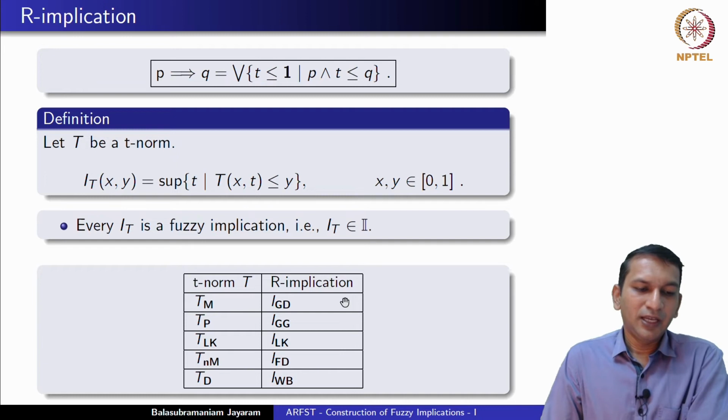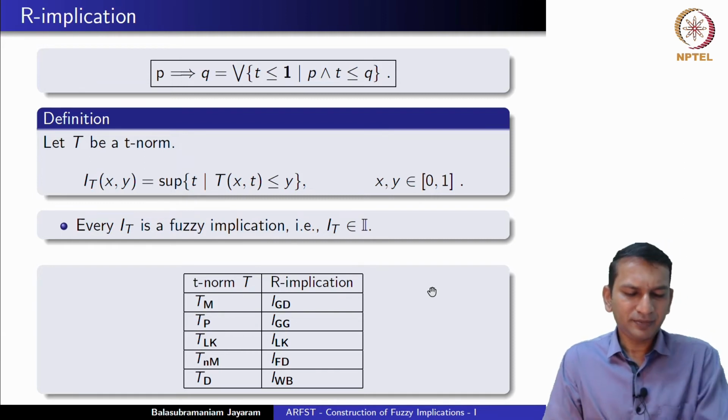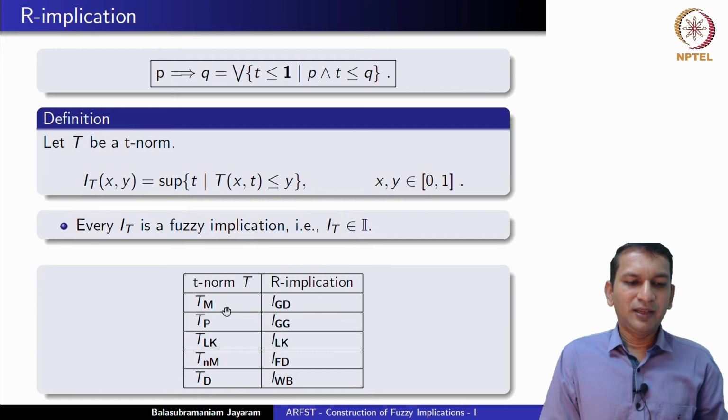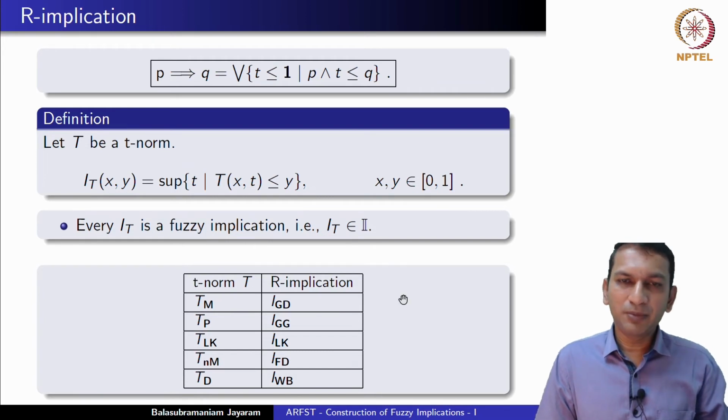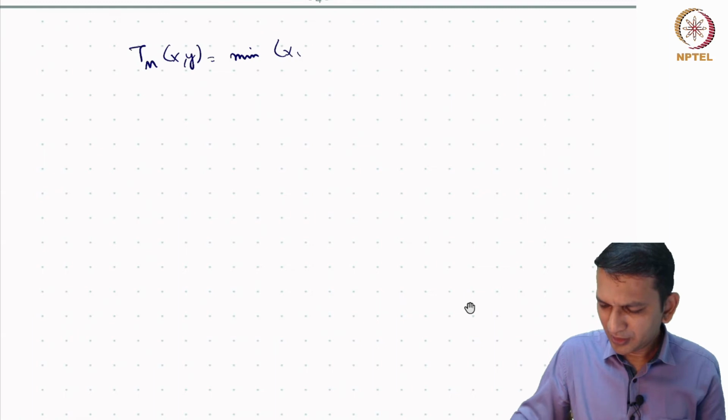Okay, if you consider the usual T-norms, what kind of R-implications do we get? Let's consider the minimum T-norm, and let's look at what is the corresponding R-implication we get from this.